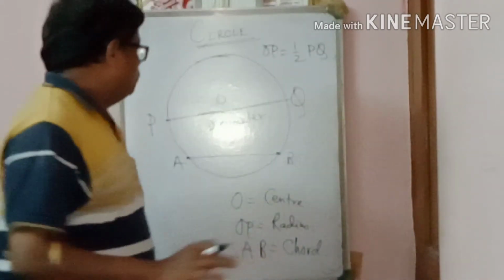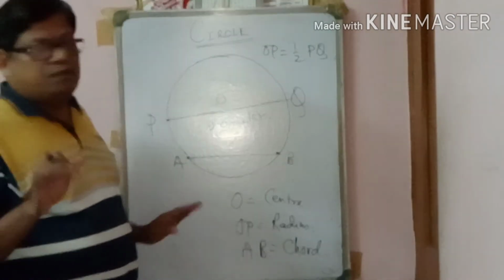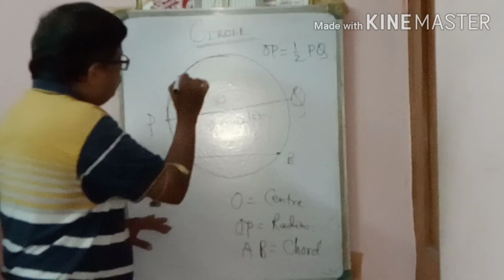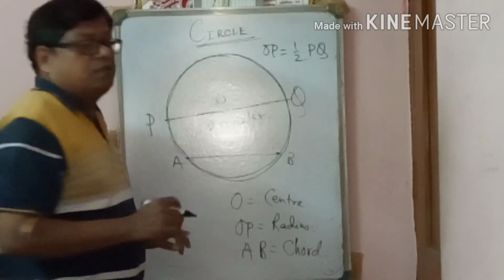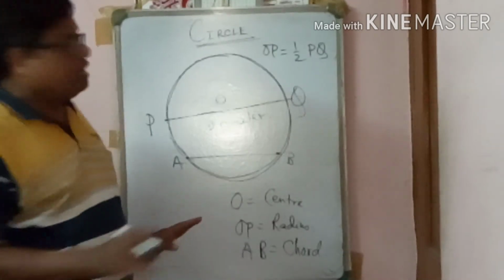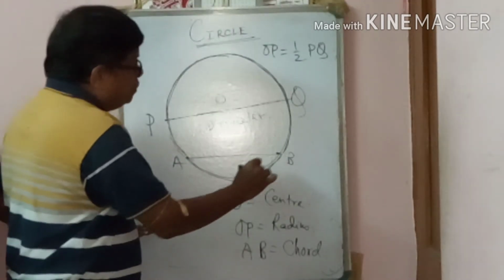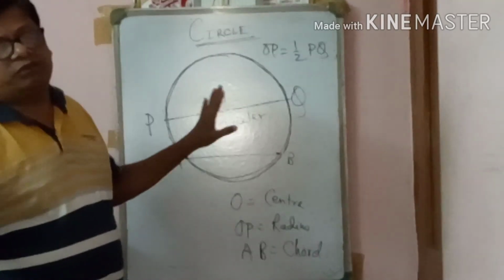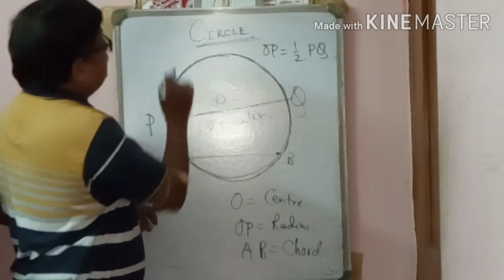Now, arc. Look at here. Arc is a part of that whole figure. This figure, this boundary is known as the circumference. This whole boundary, the path, is called its circumference.